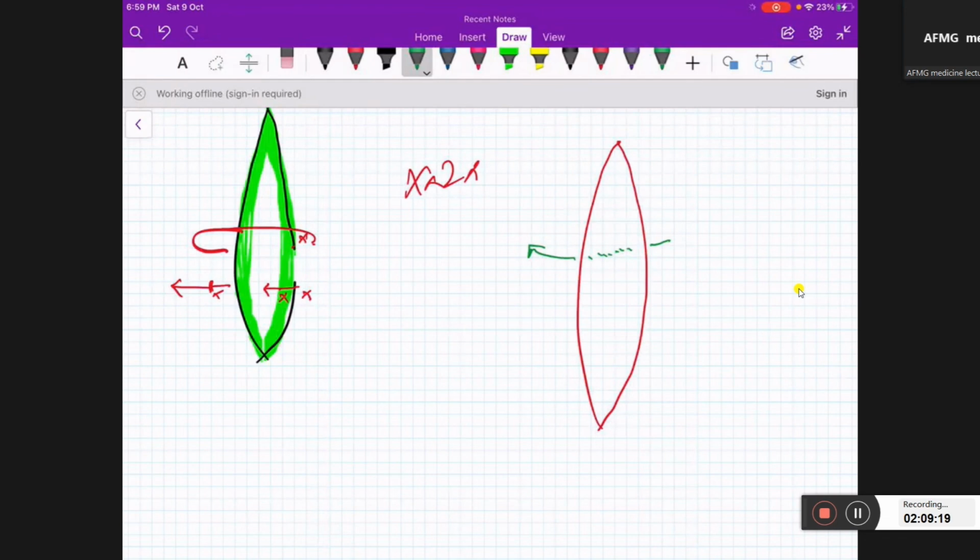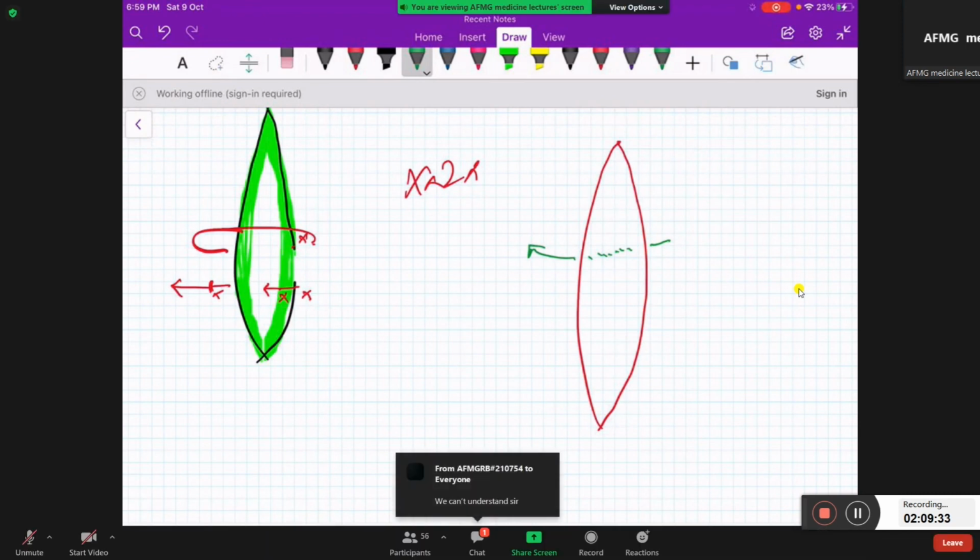Okay? This is a vertical mattress. Then this is a horizontal mattress. Now what will I do in a horizontal mattress? Horizontal mattress I will apply in an edematous tissue. What I'll do? Out, in, out.